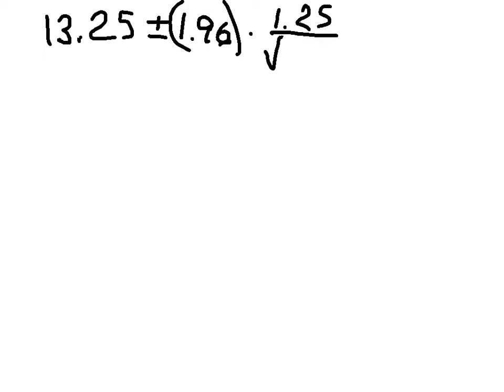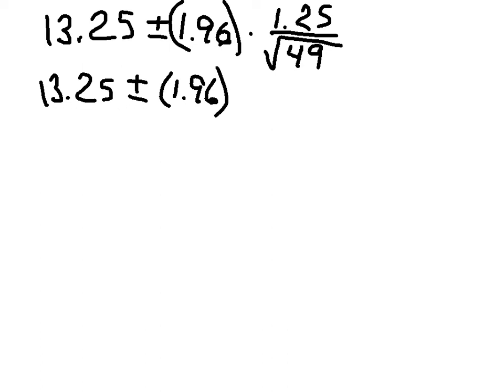Now we want to put the whole thing together. So we have 13.25 plus or minus 1.96, that's a 6, times 1.25 over the square root of 49. And that's going to give me 13.25 plus or minus 1.96 times something to the effect of 0.1786.